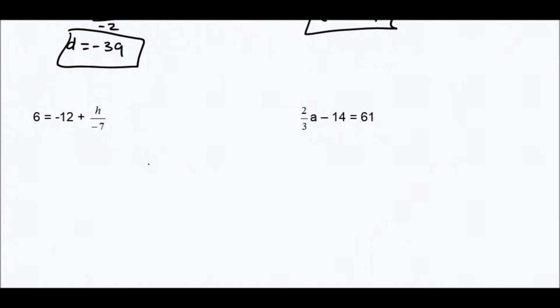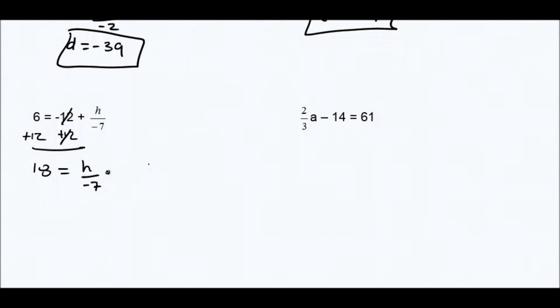So we're going to add both sides by 12 because that zeroes this -12 out. That canceled it. -12 plus 12, that's 0. 6 plus 12, that's going to be 18, is equal to some number divided by -7.